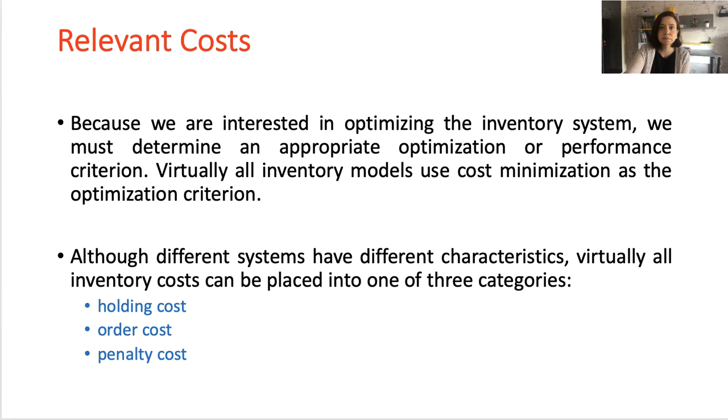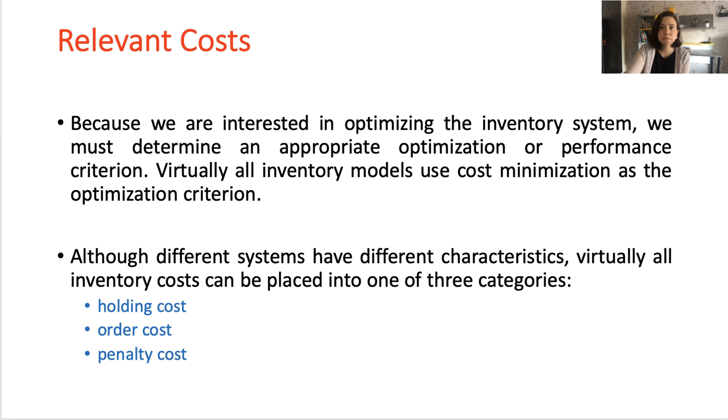Now we will start talking about the cost. Our aim is to optimize the inventory system, so we should determine an appropriate optimization or performance criterion. Most of the inventory models use cost minimization as the optimization criterion.